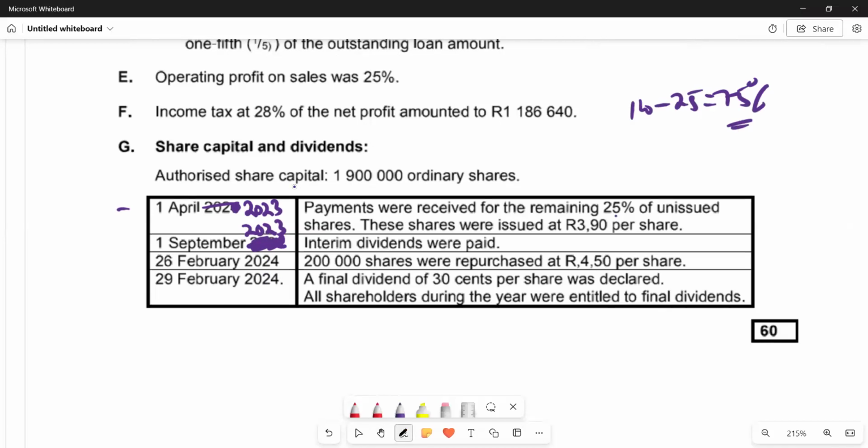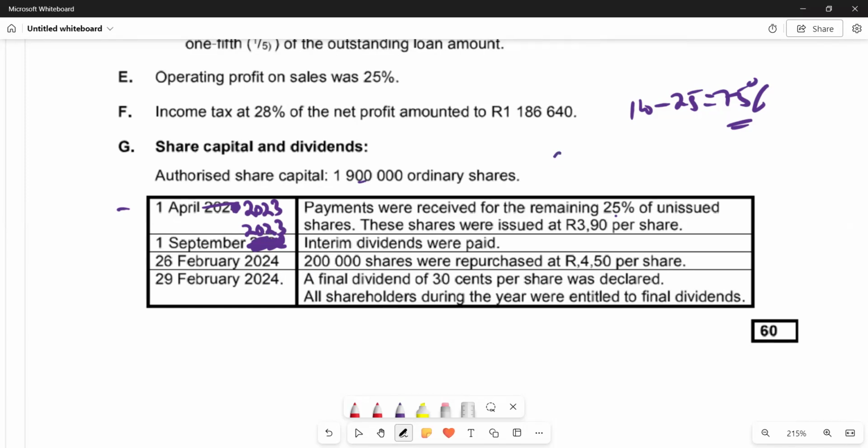So this is the balance that you're having at the beginning, because on 1 April is when we received payment for the unissued shares. Before that, in the beginning, we had 75% of the total that's supposed to be there, which is the authorised shares. So we get the number of shares at the beginning.